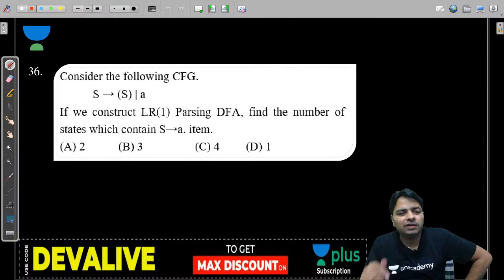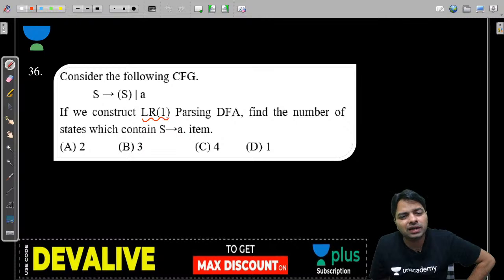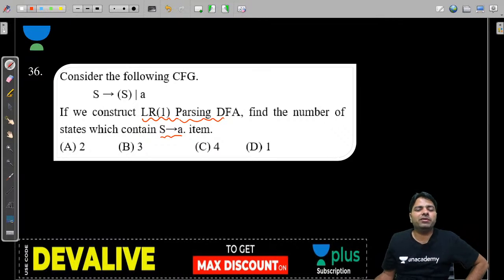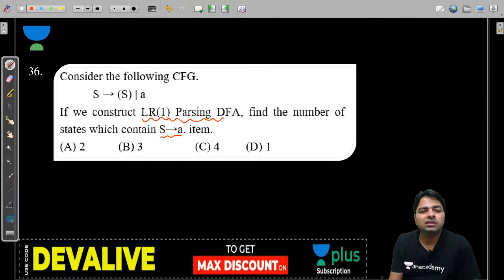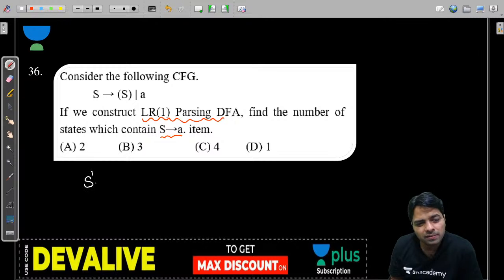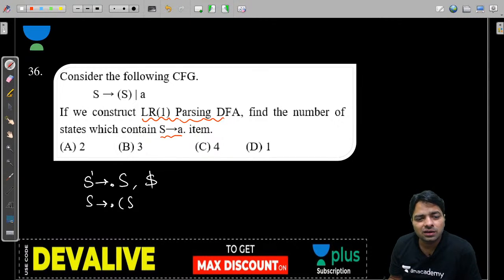36. And we have LR(1) construction. Find the number of states which contain S → A dot. So you should go very slowly in the construction of the machine. So I am doing it slowly. S' → dot S, and you should have a dollar to begin the LR(1) construction, and comma, you should have a dollar, same.